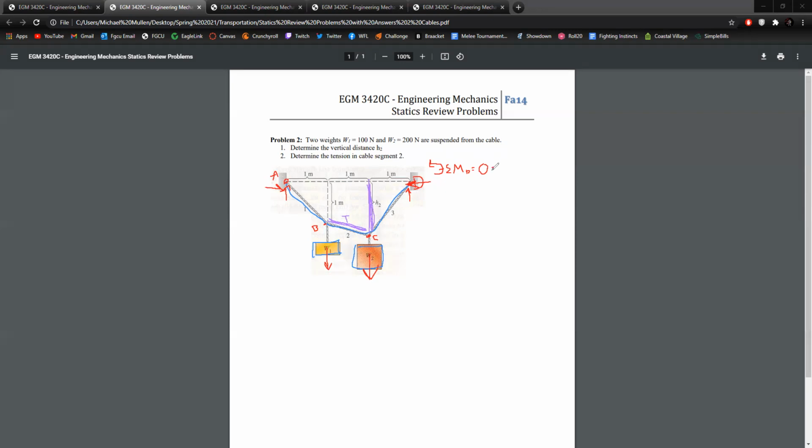And as our moment moves around and gets onto this side, W1 and W2 are both going to be with the moment direction. So we're going to say plus 200 times the distance from D to our W2, which is 1 meter, plus 100 times the distance from D to our W1, which is 2 meters. And then finally, we're going to have minus AY because we're assuming AY goes up, times its distance of 3 meters.